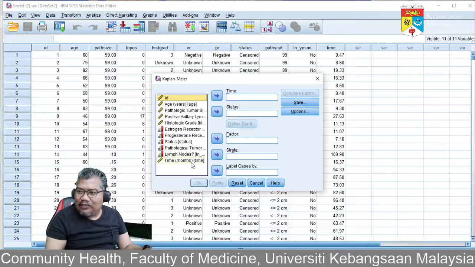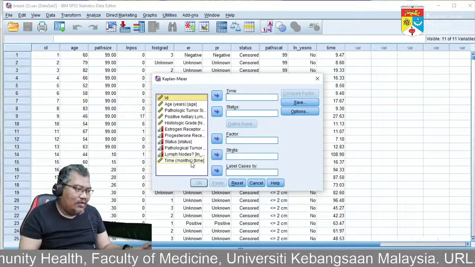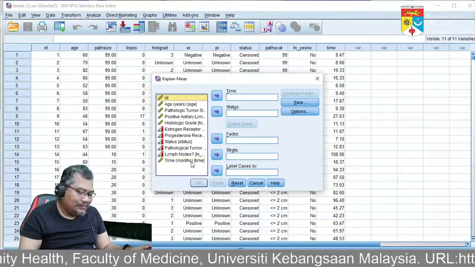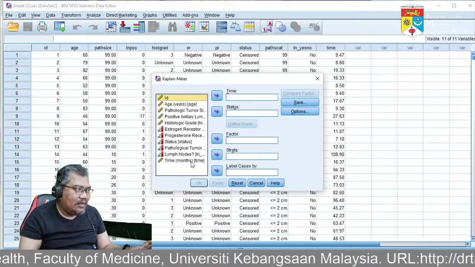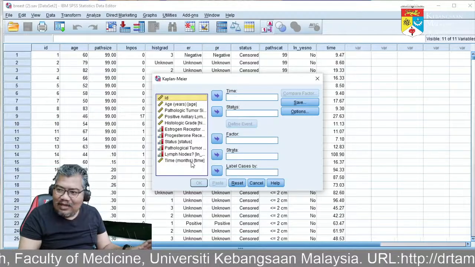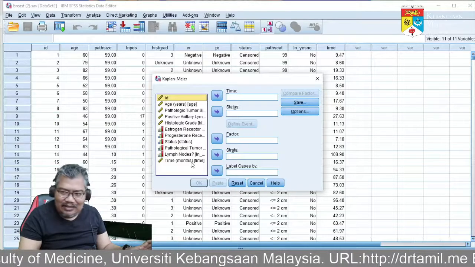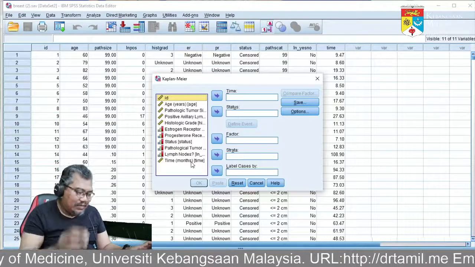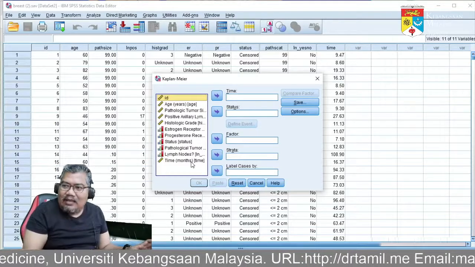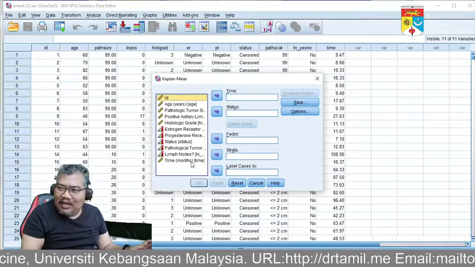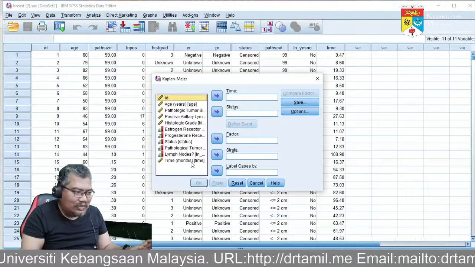Please take note, in this data set there is a slight problem. If you remember what I said to you last week, the duration of survival cannot have decimal points. It should be round numbers, so you can have 1 year, 2 years, 3 years. This data set has decimal points up to 2 decimals, which is wrong.